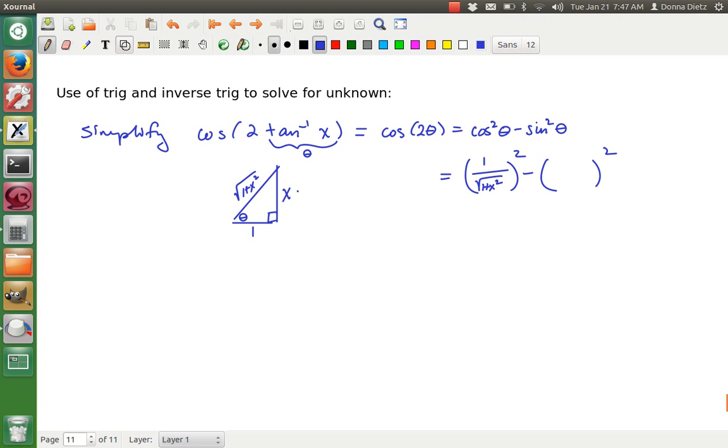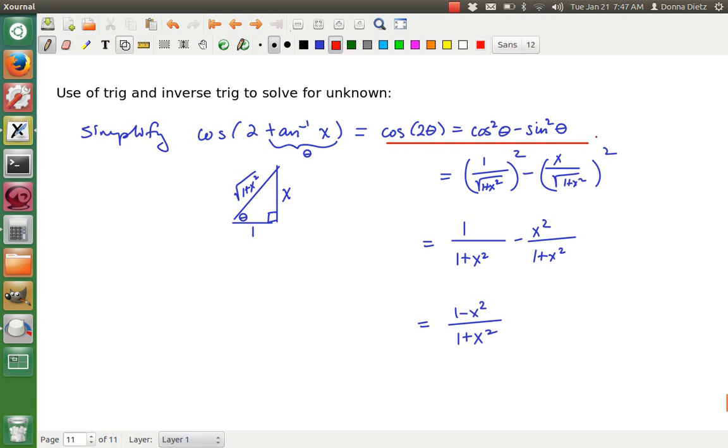And sine is y over r, so this is what you would expect. And finally you get this expression.